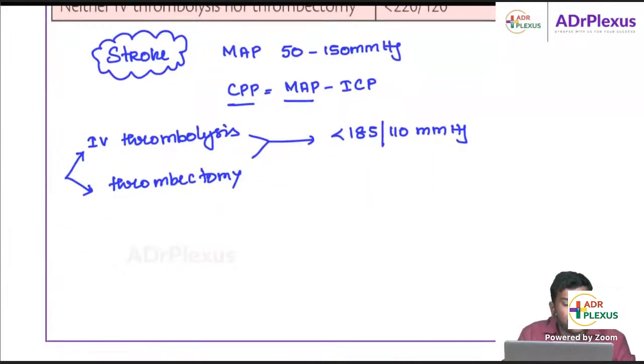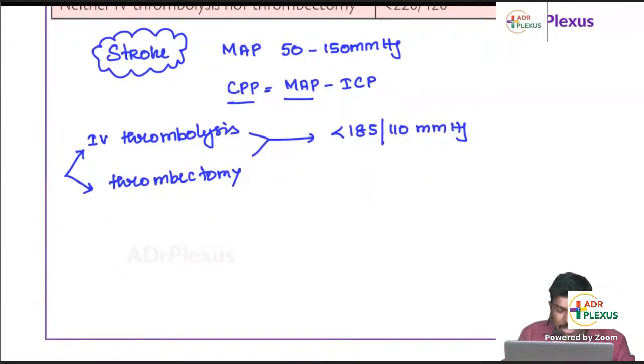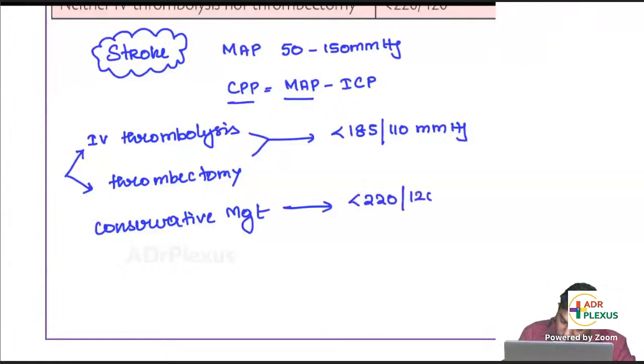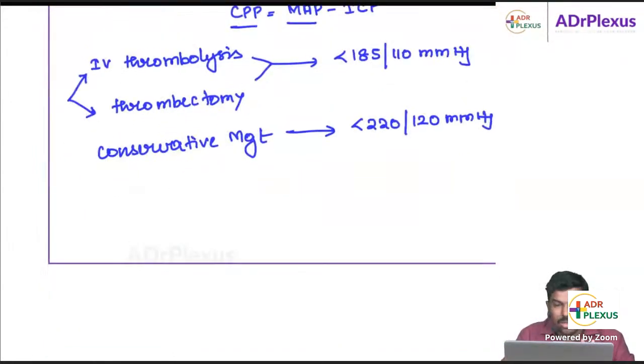And whenever you don't plan for these things, you're going for conservative management, then you keep your BP less than 220 by 120 millimeter of mercury. 220 by 120 millimeter of mercury.